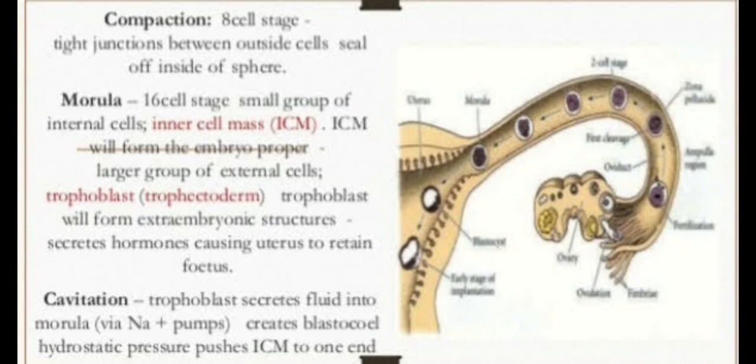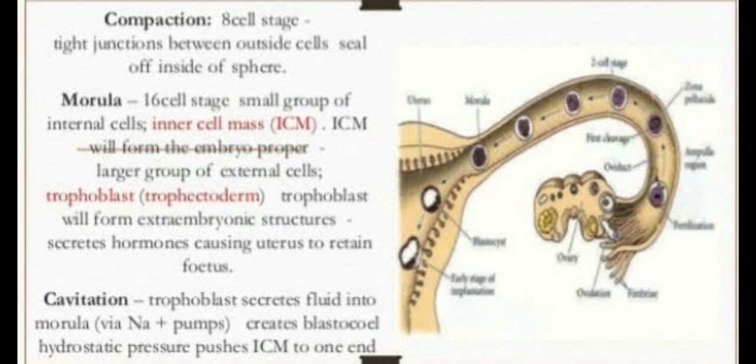It means that the number of cells that have divided after cleavage, when it is 8 cell stage, are present in compaction, that is in compact form, and this is due to the tight junction present in the cells. And so the cells are in form of sphere.